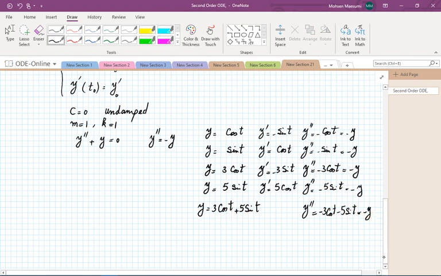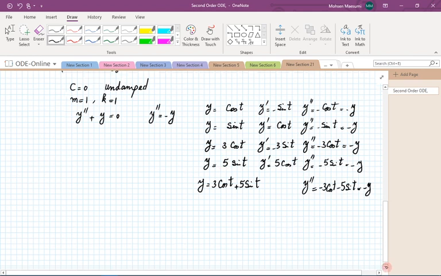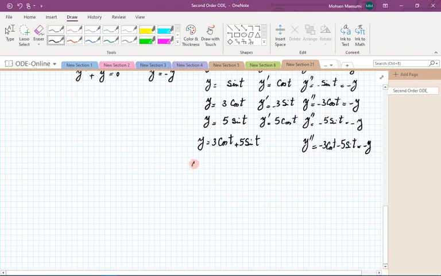And of course, there isn't anything special about these numbers. Any constant number will have the same property. So y would have been a cosine of t plus b sine of t, where a and b are any constants you wish. In first order equations, we always had one constant, some c showing up, which we played with.